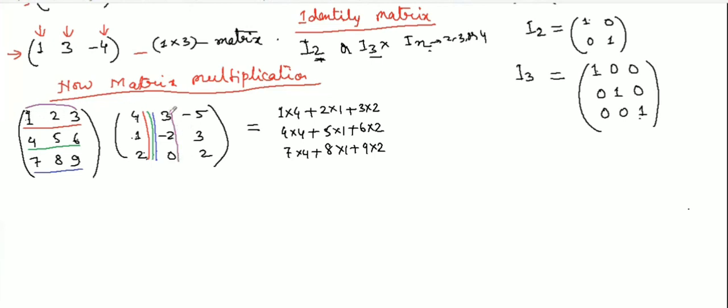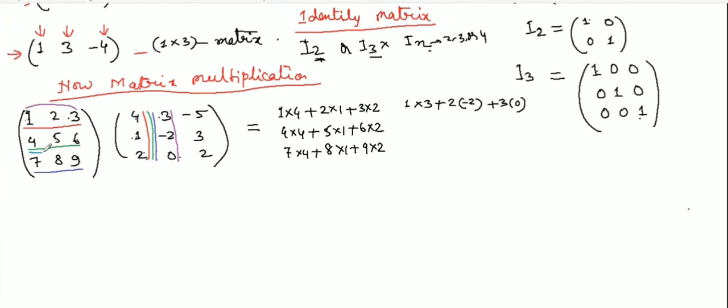So 1 multiplied by 3 plus 2 multiplied by minus 2 plus 3 multiplied by 0.